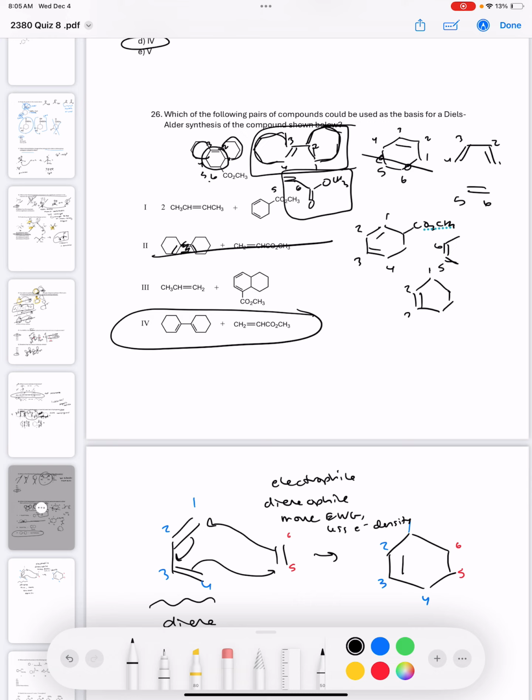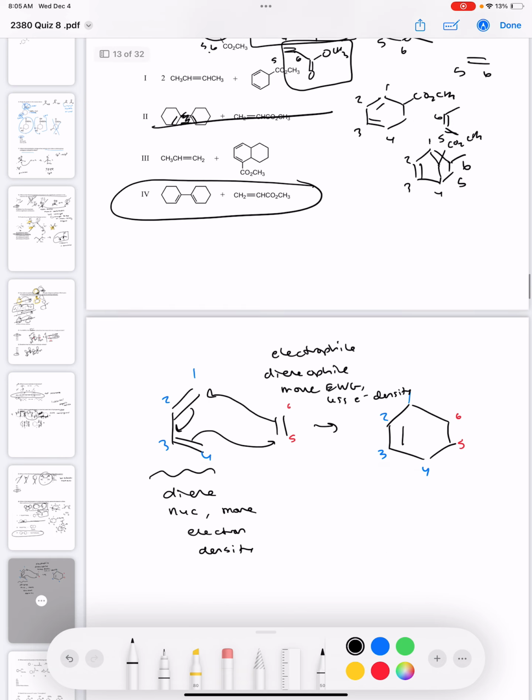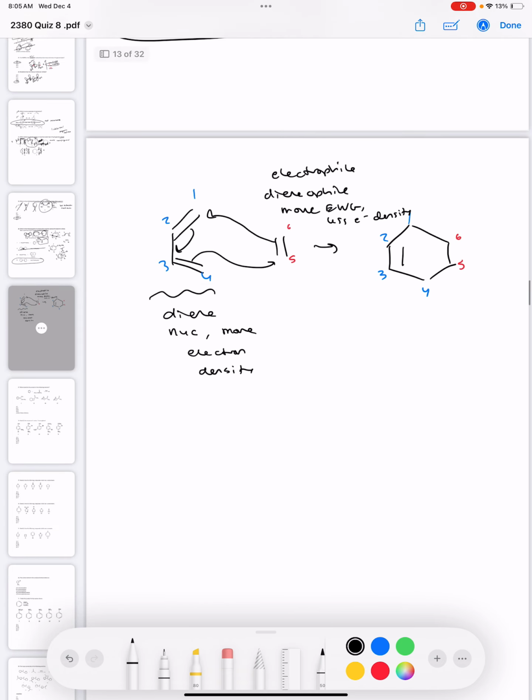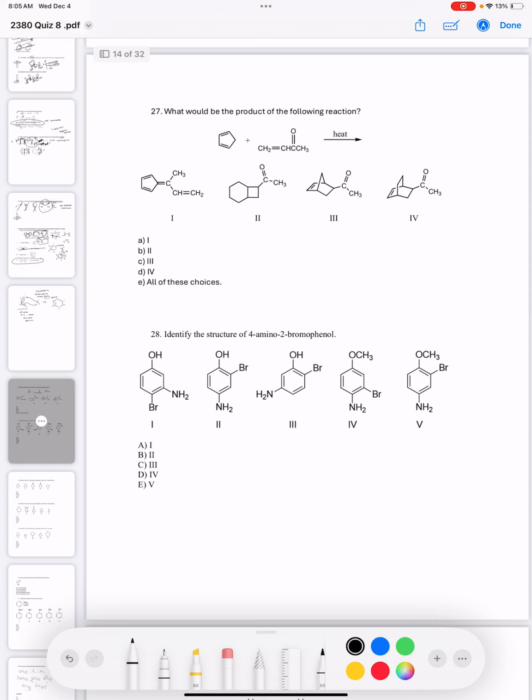So 1 and 4 have this bridge over it with this crazy CO2CH3 here, and then 5 and 6 have a methyl there. So you can test yourself that way and see what it would make, or you can just answer the question. But seeing why the wrong answers are wrong, I think sometimes helps.